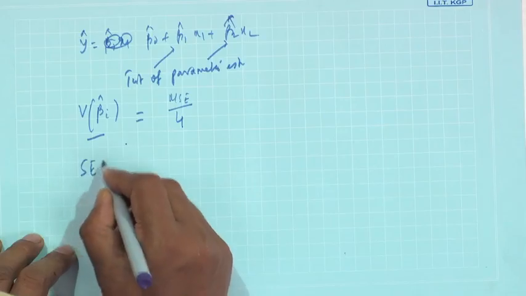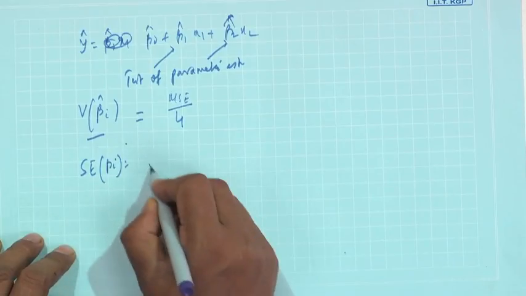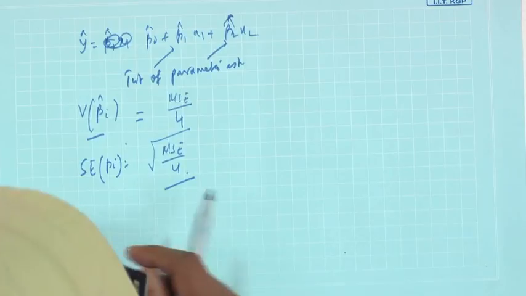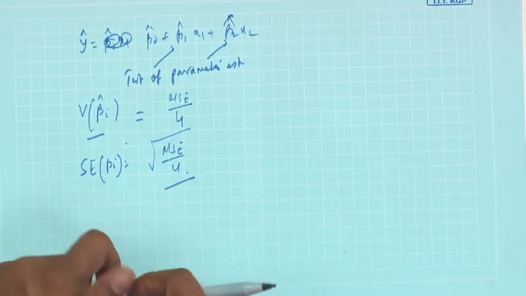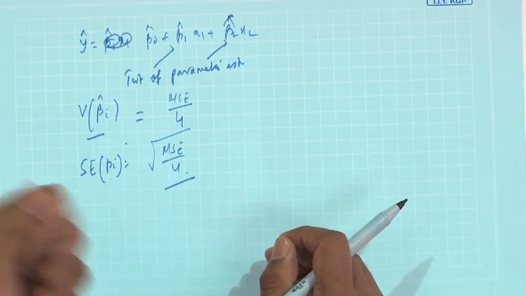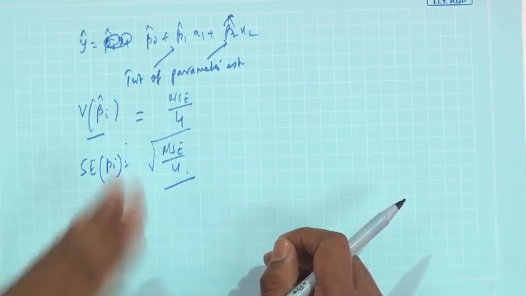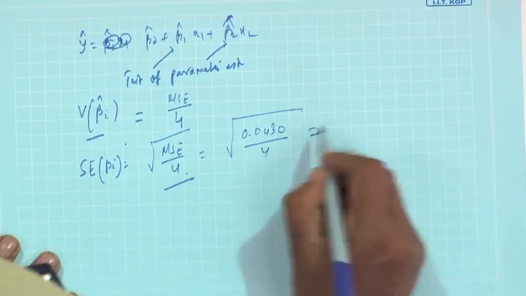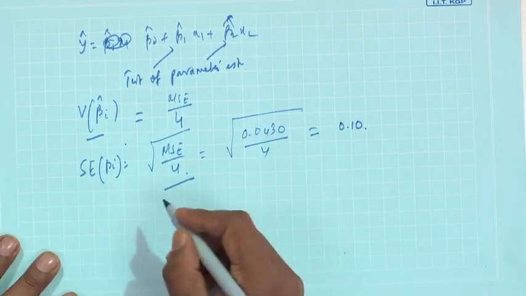Then the standard error of beta i you have to find out, this is the square root of MSE by 4. Because of this coding, all the variables are -1 to +1, so the standard error of beta i will be equal for all the coded variables, and this is nothing but the square root of 0.0430 by 4, which is 0.10.